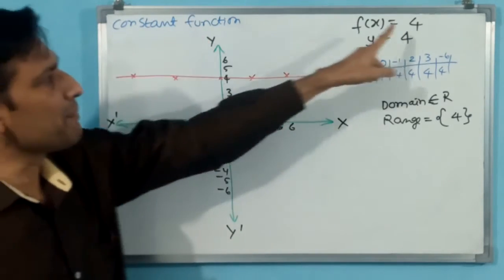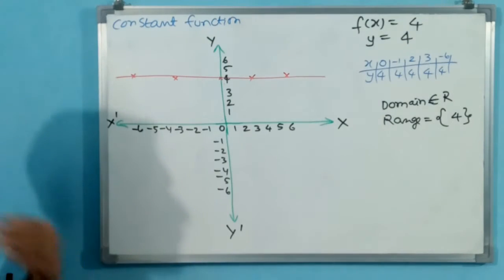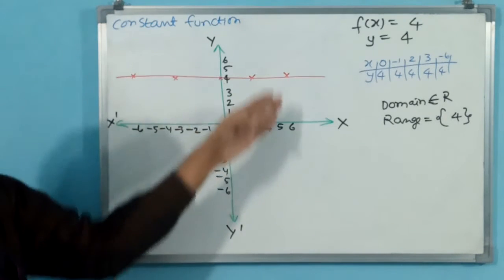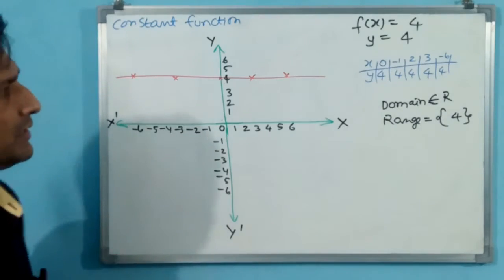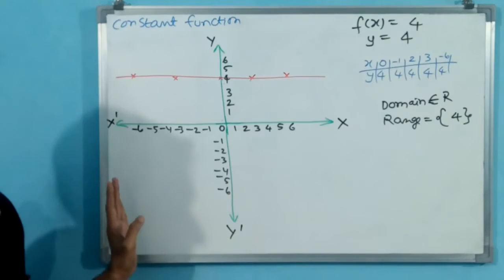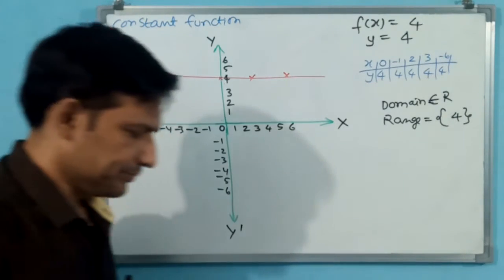Where it comes depends on the output value, whatever it may be. This is a constant function. I have explained what a constant function is, told you domain and range, and drawn the graph also. Then we go for the next graph.